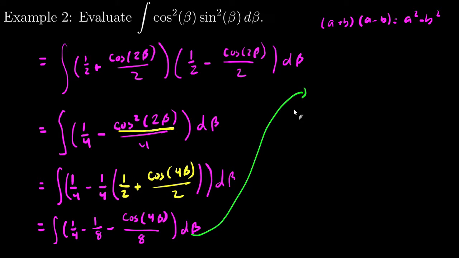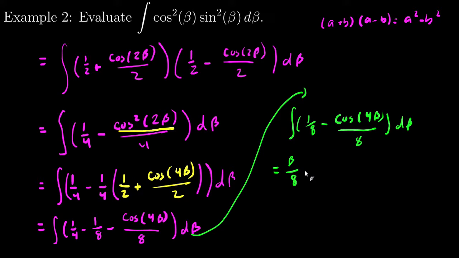So in here, I'll have the integral of 1/4 minus 1/8 is 1/8, because 2/8 minus 1/8. And then I have minus cosine of 4 beta divided by 8 d beta, which will equal the antiderivative of 1/8 d beta is beta over 8.